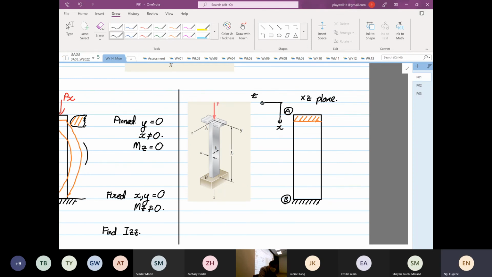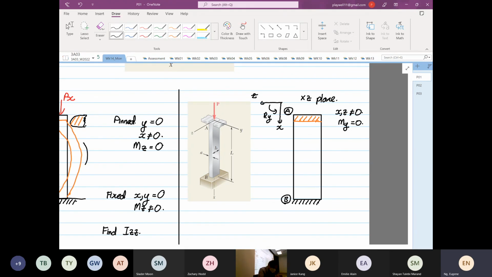Over here you have X and Z not equal to 0, i.e., they can move in the X and Z direction. Now if I look at our rotation about Y, we know that the moment in Y is equal to 0. There's no restriction in your moment at all.